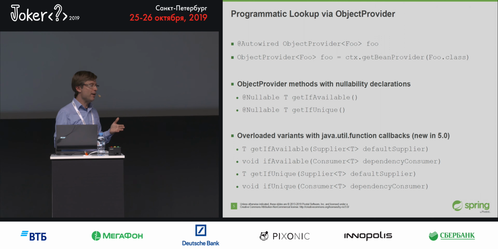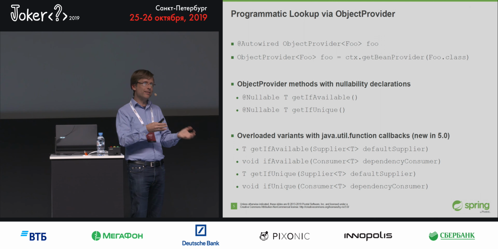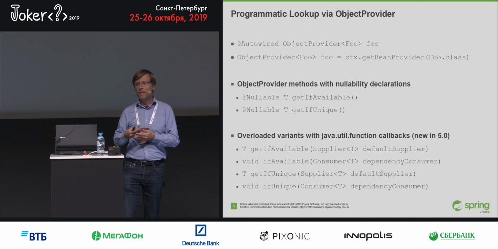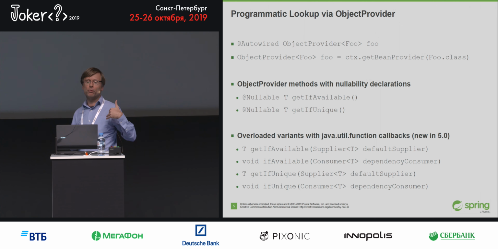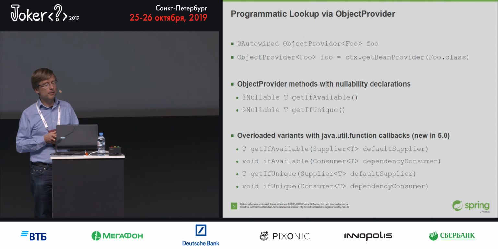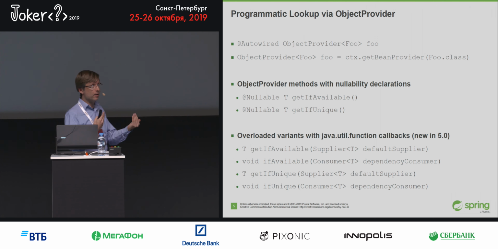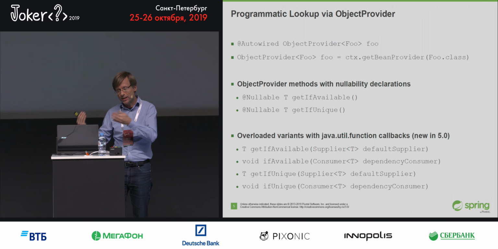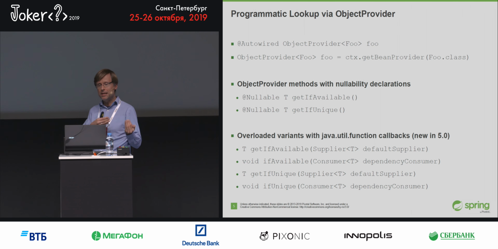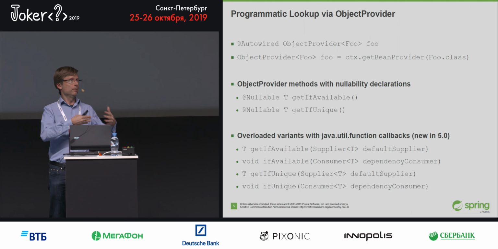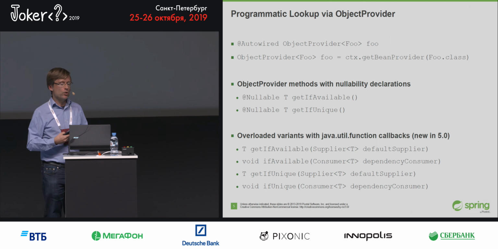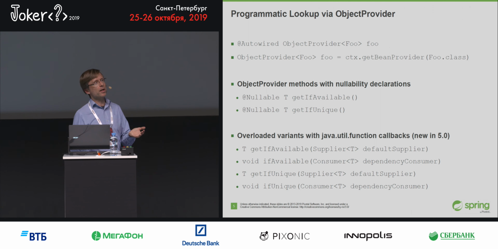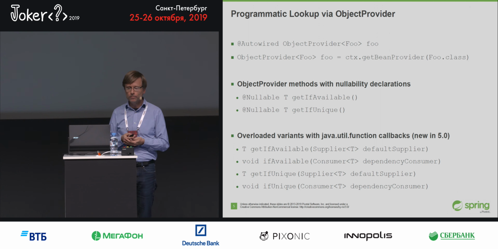Instead of injecting a Foo instance directly, you'll get an indirect handle to Foo, lazily resolvable, resolvable on demand, in particular if there's a lifecycle mismatch, like a request scoped bean or a prototype bean used from a singleton service instance. So ObjectProvider has quite a few use cases where it's useful.